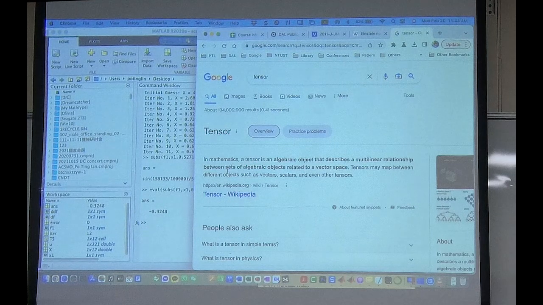Some people raised their hand, some people didn't. And the professor said, whatever you learned in the past about tensor, it probably was wrong. So from today, I'm going to teach you what is true about tensor.